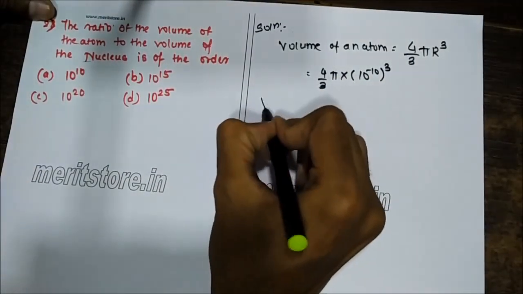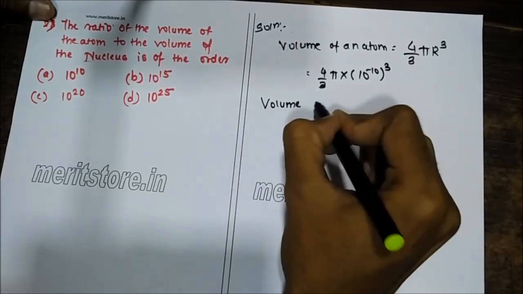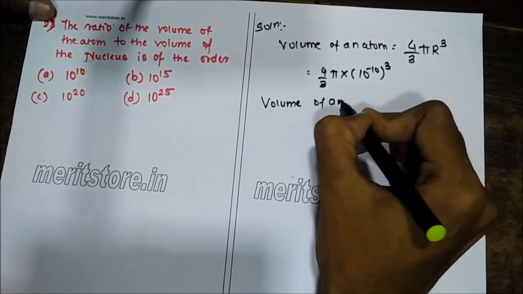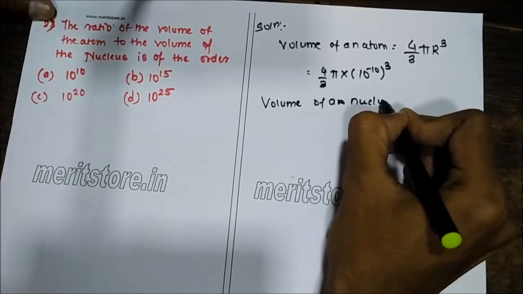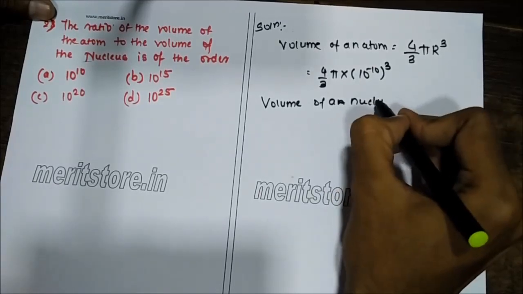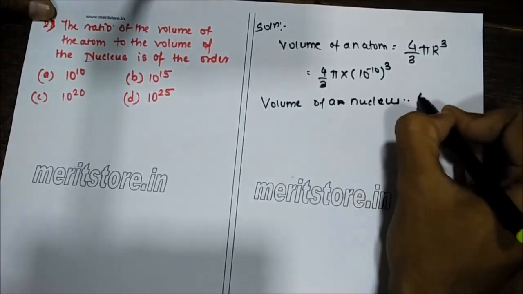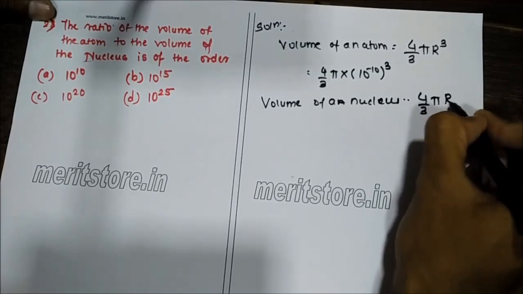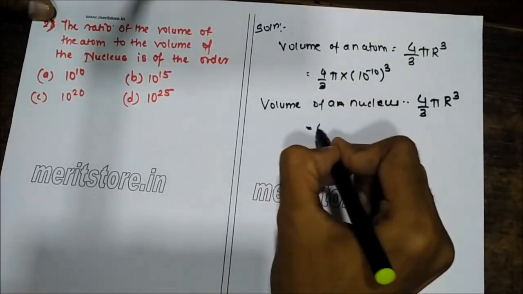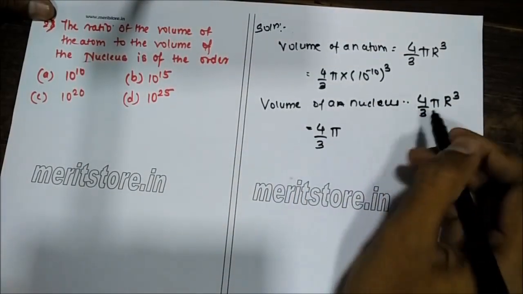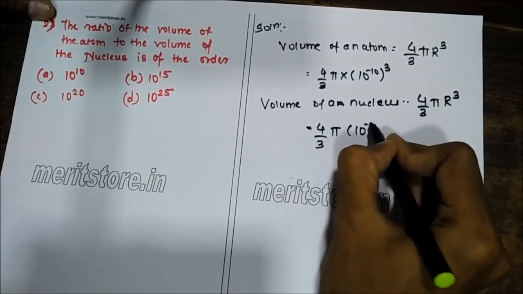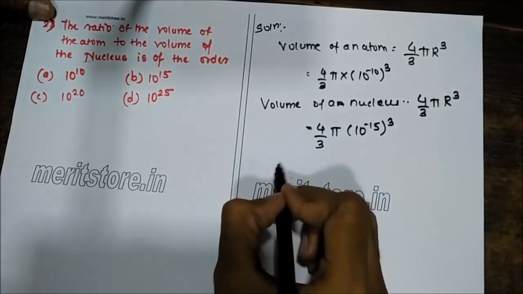Next, the volume of a nucleus, which is again 4 upon 3 pi radius of a nucleus cube. The radius of a nucleus is 1 Fermi, that is about 10 raised to minus 15 meters, the whole cube.